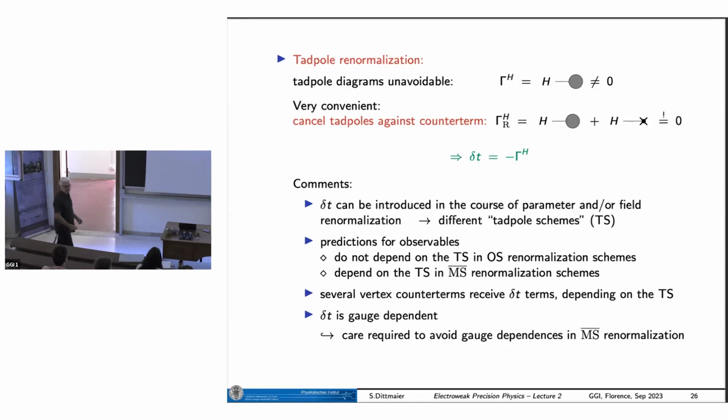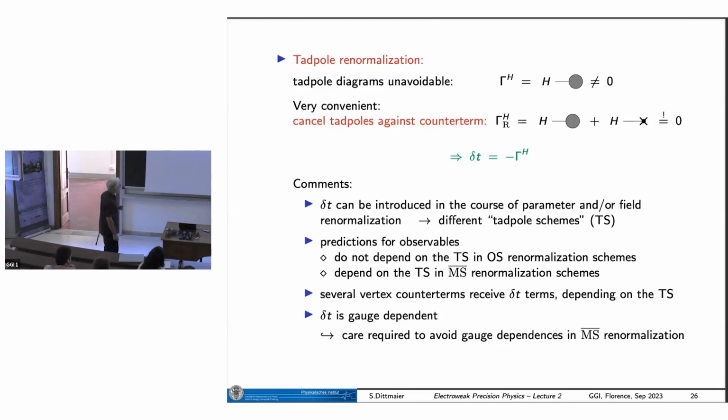You can do this, and there are various ways to do this. This goes under the name of devising a tadpole scheme. It's nothing unique, because it is simply reshuffling terms in such a way that whatever comes from this tadpole stuff is shifted to a different place in Green functions.